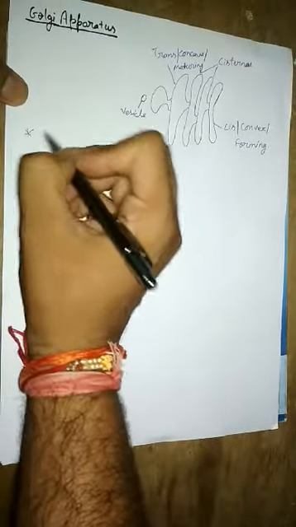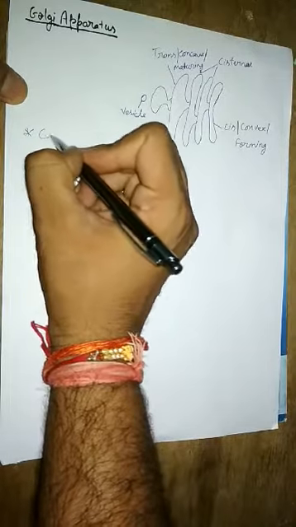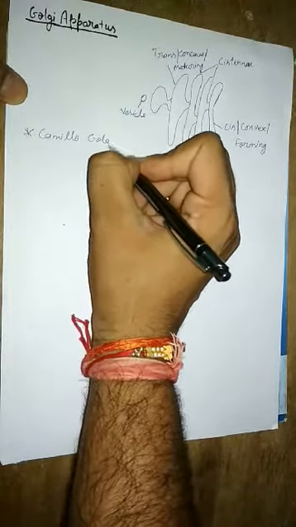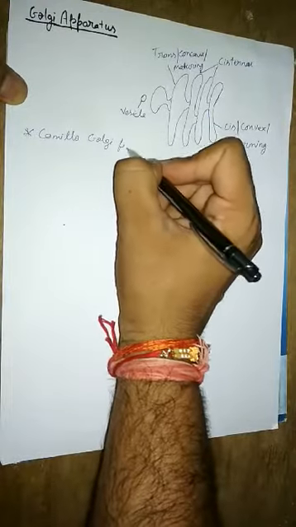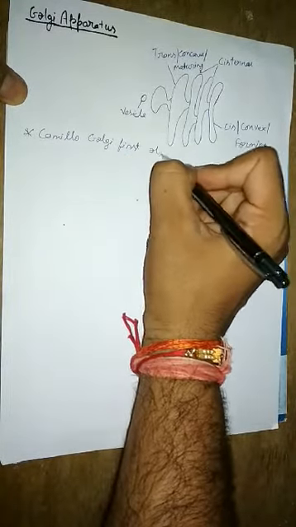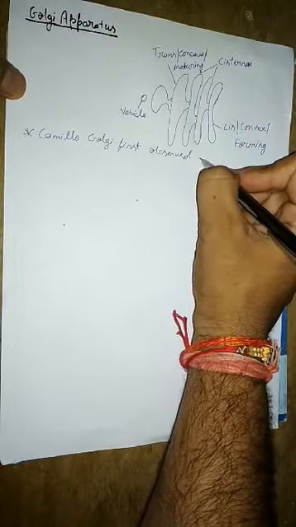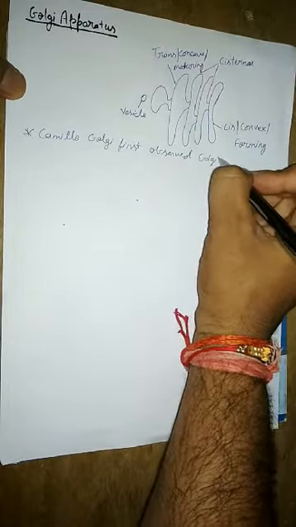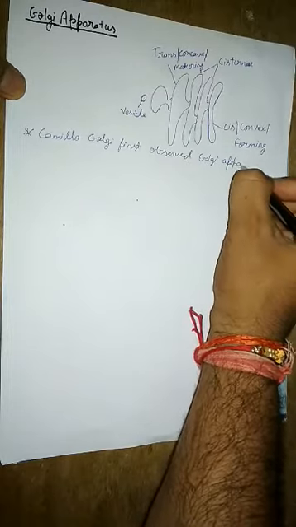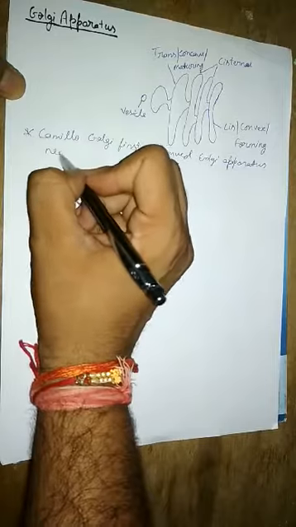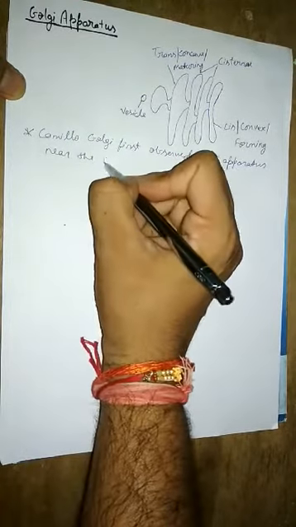So you may write down: Camillo Golgi first observed the Golgi apparatus near the nucleus.